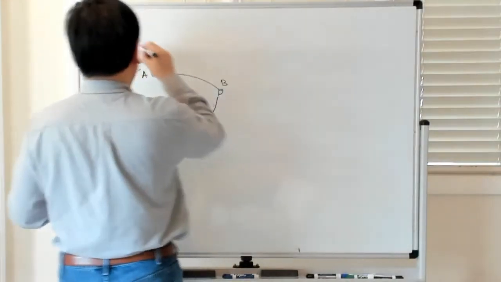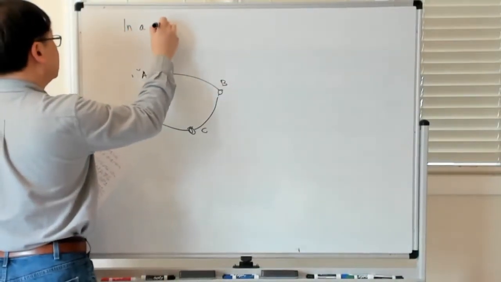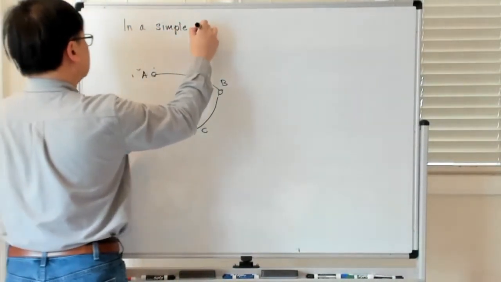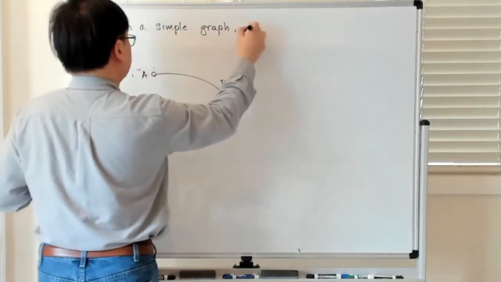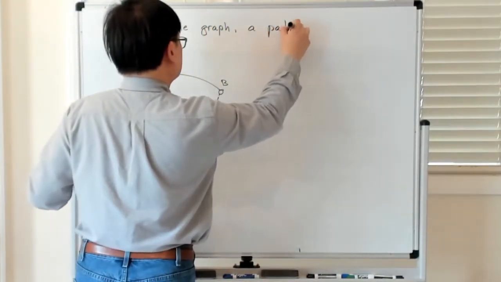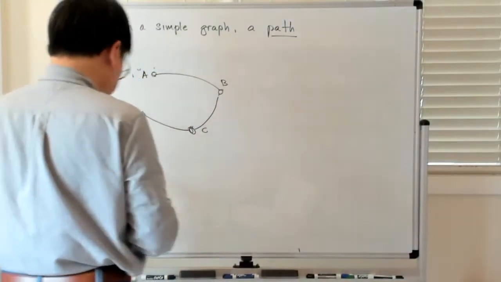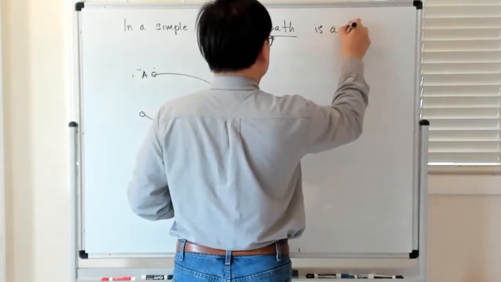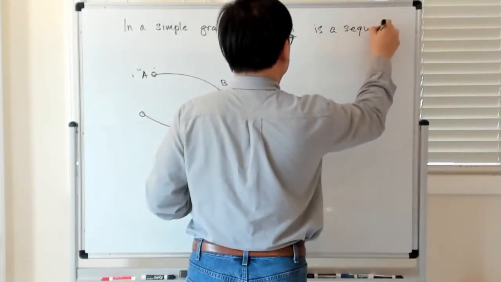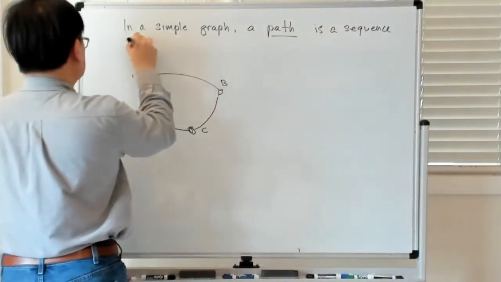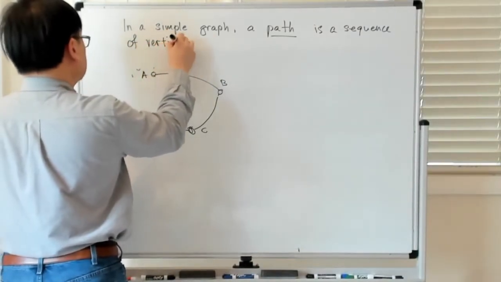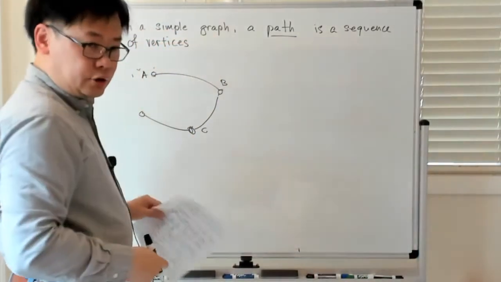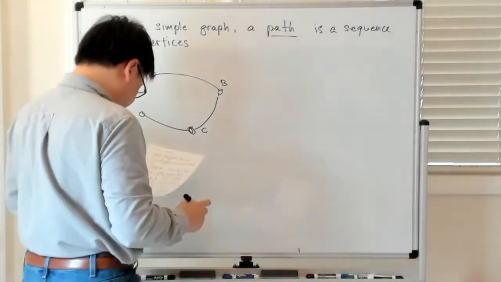So in a simple graph, a path is just a sequence of vertices which connect two vertices, let's say u and v.